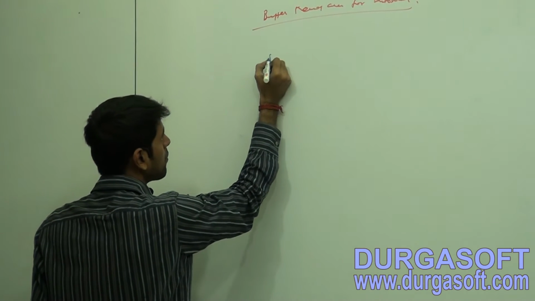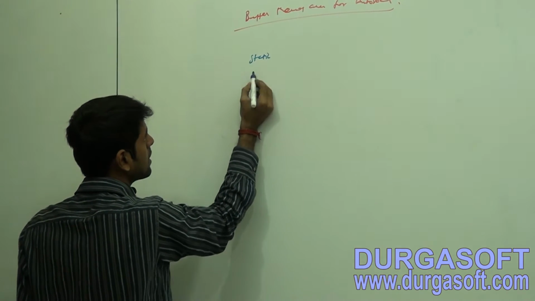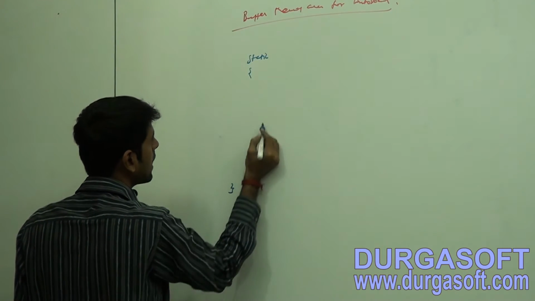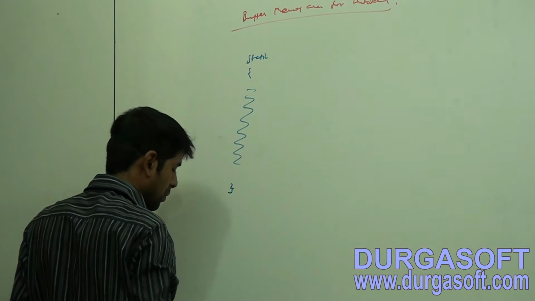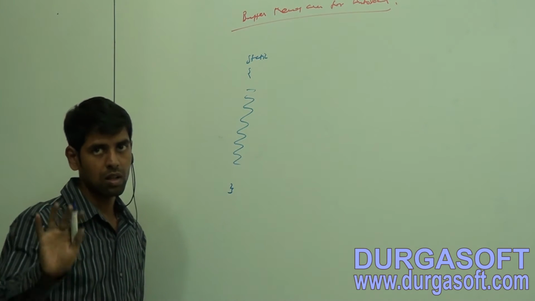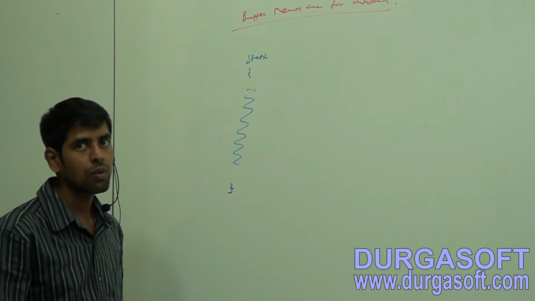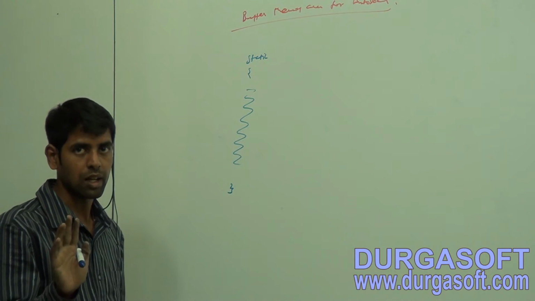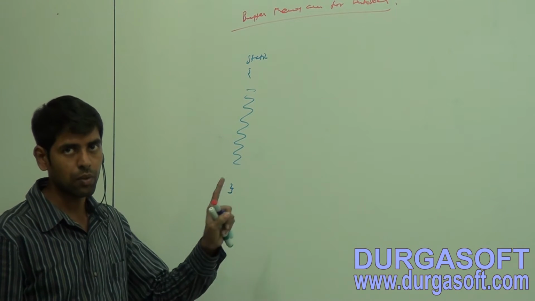Observe here, within our wrapper classes we have one static block. A static block gets executed at the time of class loading. We all know this.